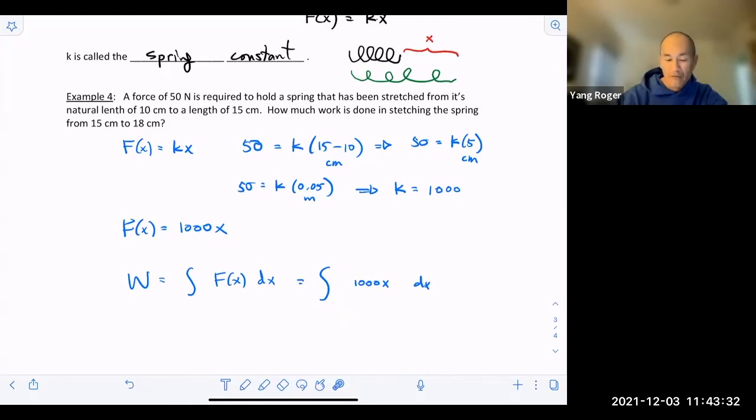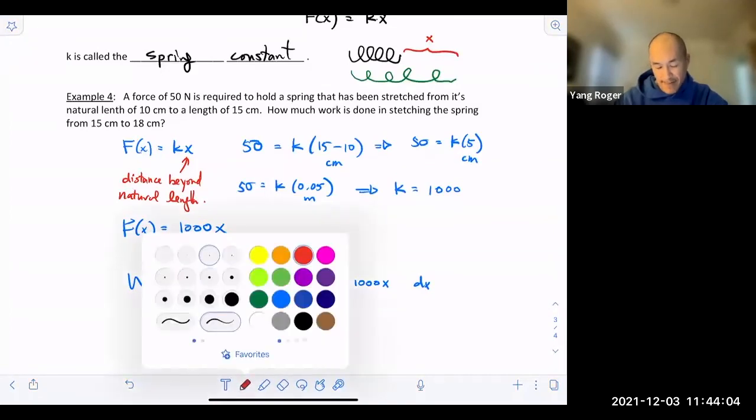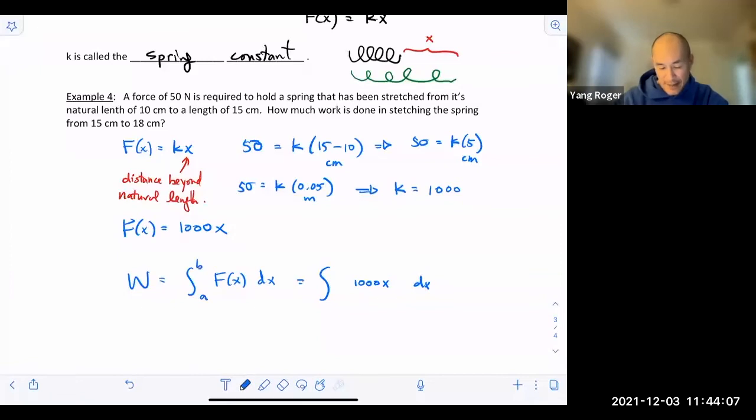Well, remember, x represents the distance beyond the natural length. So the natural length was 10, right? If I'm starting at 15, you might think I want to write a 5 here. I think that would be a good thing to think, because 15 centimeters is 5 centimeters past 10.